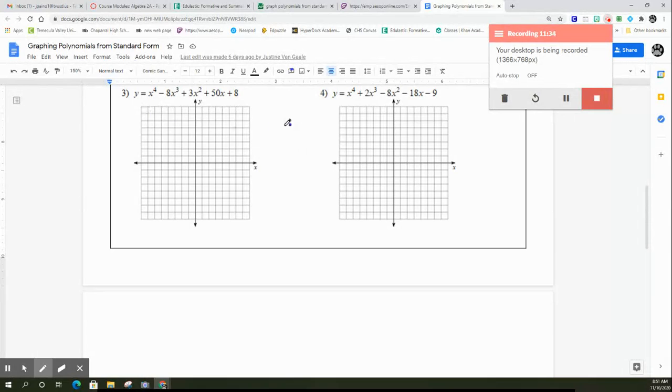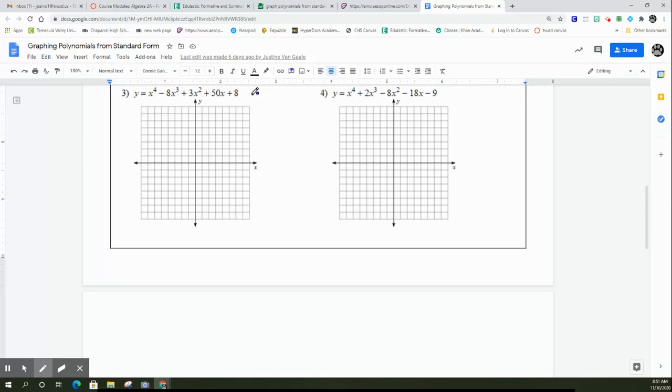All right, now number 3, we're going to list off our P's and Q's. So 8 is just plus or minus 1, 2, 4, and 8. If we set up our synthetic division, 1, negative 8, 3, 50, and 8.